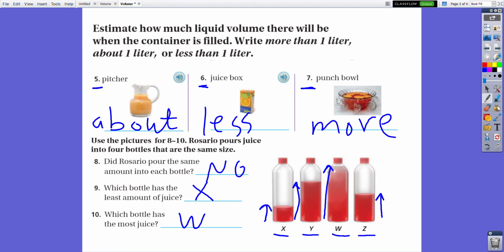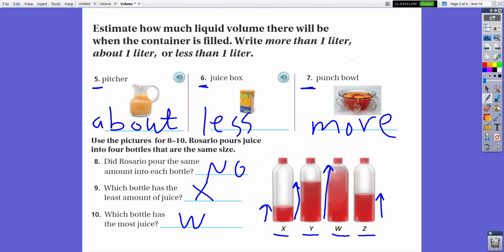Okay, so in this question, super easy. It doesn't have too much complicated information. All of them have the same size, but you have to tell or estimate which one has less, which one has more, or about. Okay. Hopefully you understand the lesson.